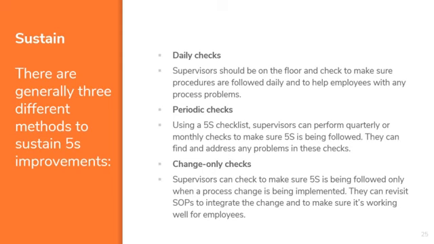Using the 5S checklist, supervisors can perform quarterly or monthly checks. And then change-only checks, supervisors can check to make sure 5S is being followed only when a process change is being implemented. So see, our 5S is very important then in maintaining the safety of our workplace.